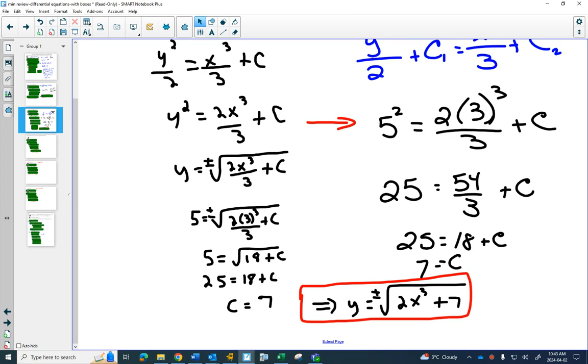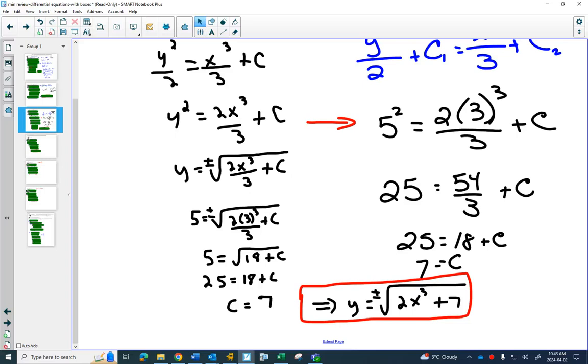I could square root right at the end to get my final equation to be y equals at that point. Okay.